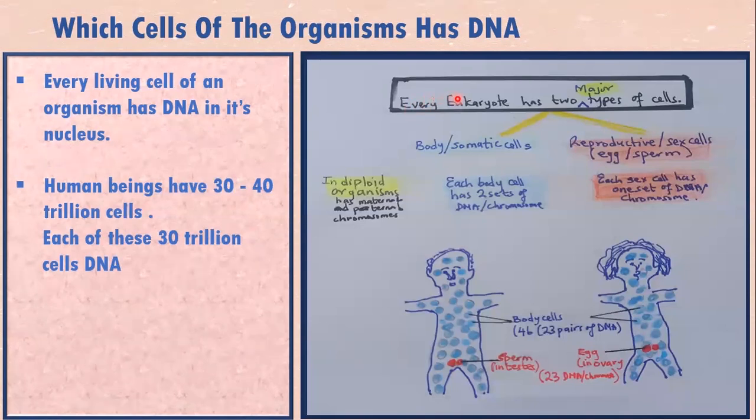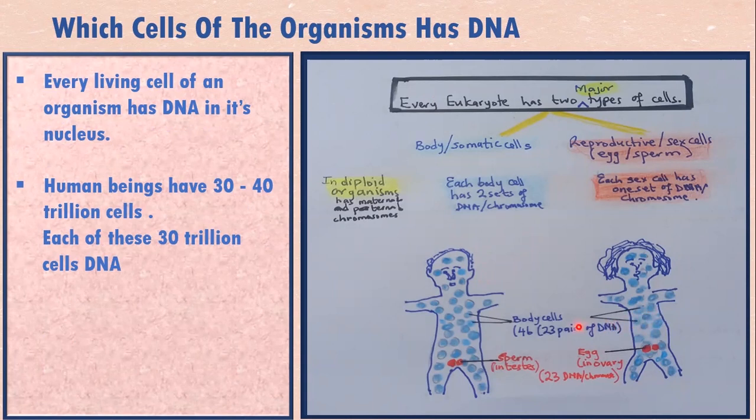So every eukaryotic organism has two major types of cells. One type of cell is the body or somatic cell, and the other type is the reproductive cells. So I have this young man here. He has these two types. This blue are body cells, and this young lady here, the blue cells are body cells.